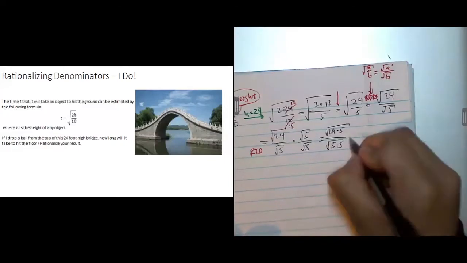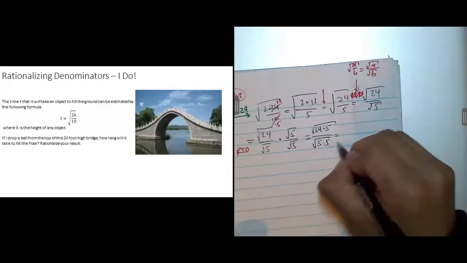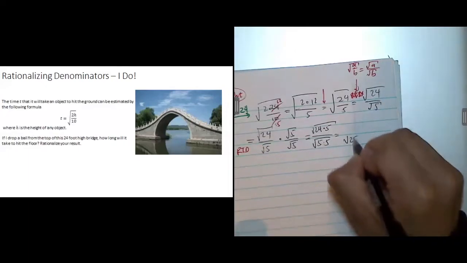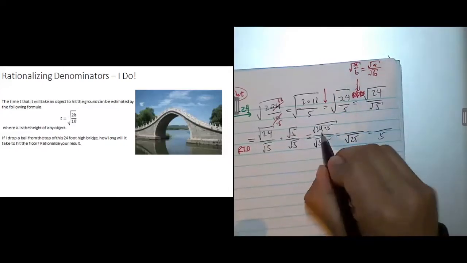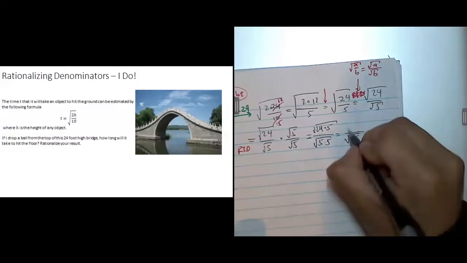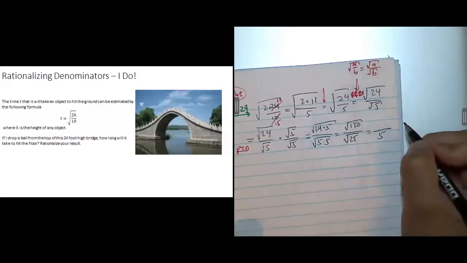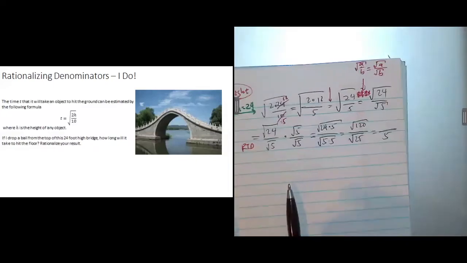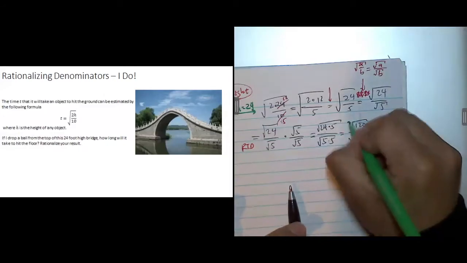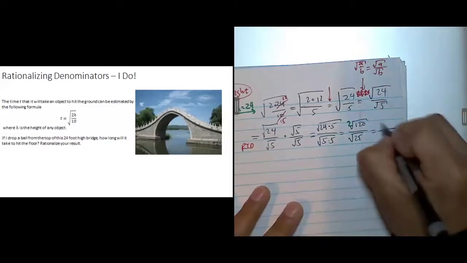Let's simplify this. 5 times 5 gives you the square root of 25, which is 5. And 24 times 5 is the square root of 120. Since there are no two like numbers that multiply, no pairs, we just carry it over.